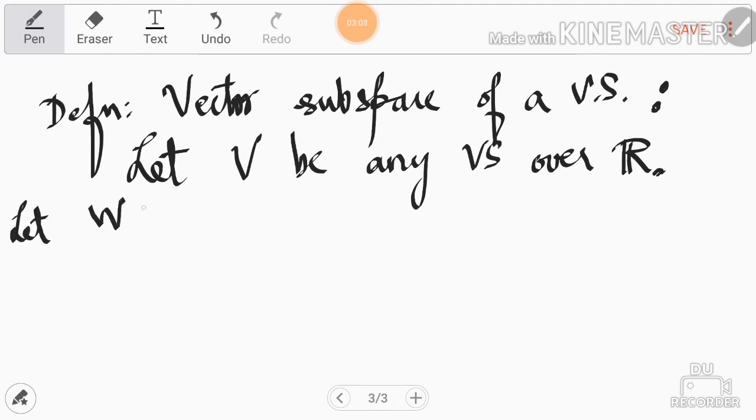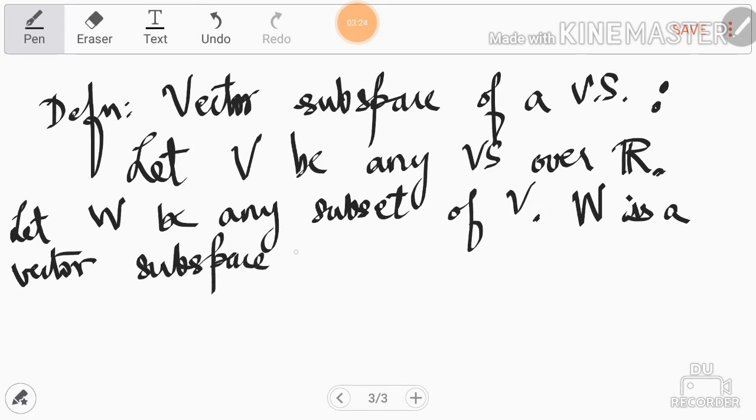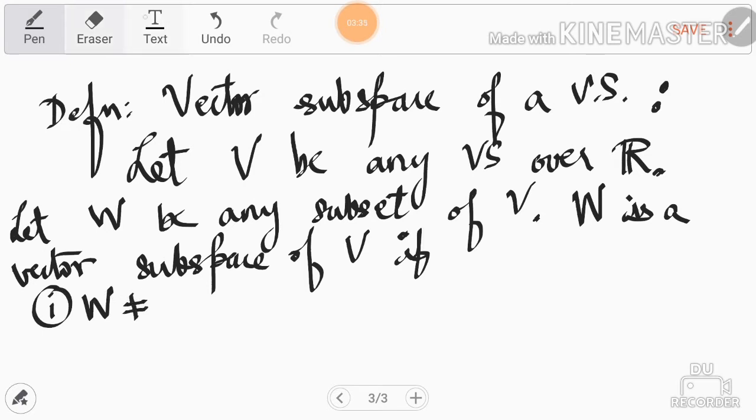Let W be any subset of V. You say that W is a vector subspace of V if 3 properties are satisfied. Property number 1 is that W should be non-empty.